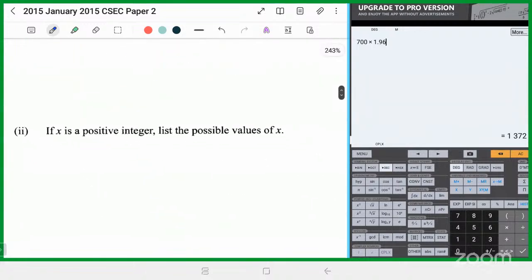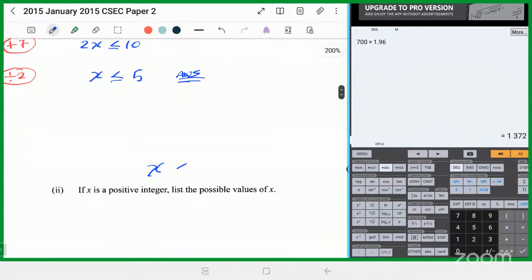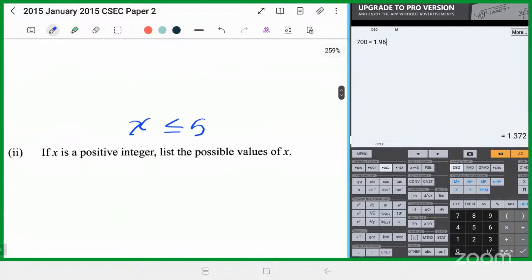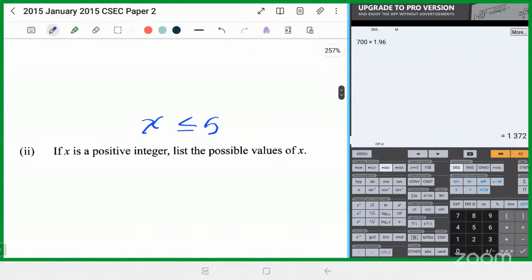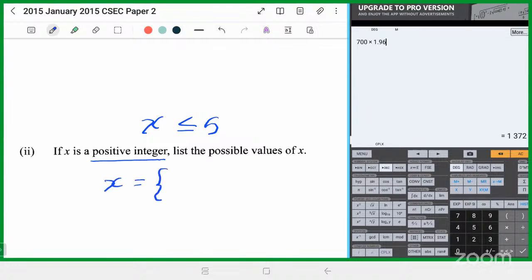Part 2 says, if x is a positive integer, what was it again? It was x less than or equal to 5. If x is a positive integer, a positive number is a number that is greater than 0. An integer is a whole number. So basically, they want us to list the values of x. I'm not going to put 0 because positive means greater than 0.